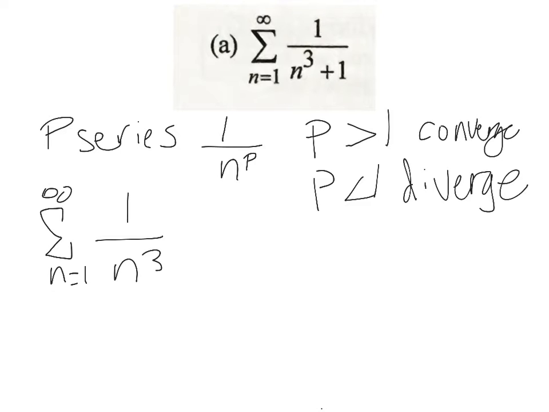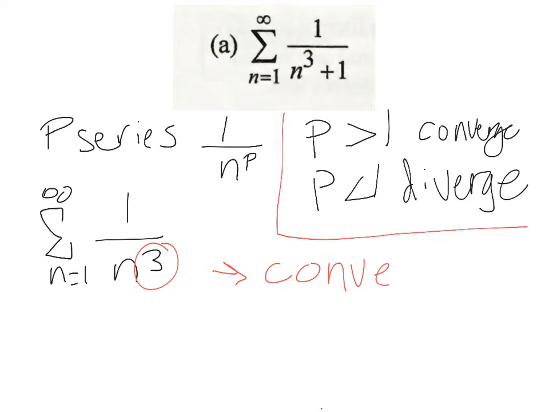Looking at our rules for p-series, our p-value is greater than 1 because here it's 3, so this series is going to converge. And if we know that this series converges, then the original function is also going to converge.